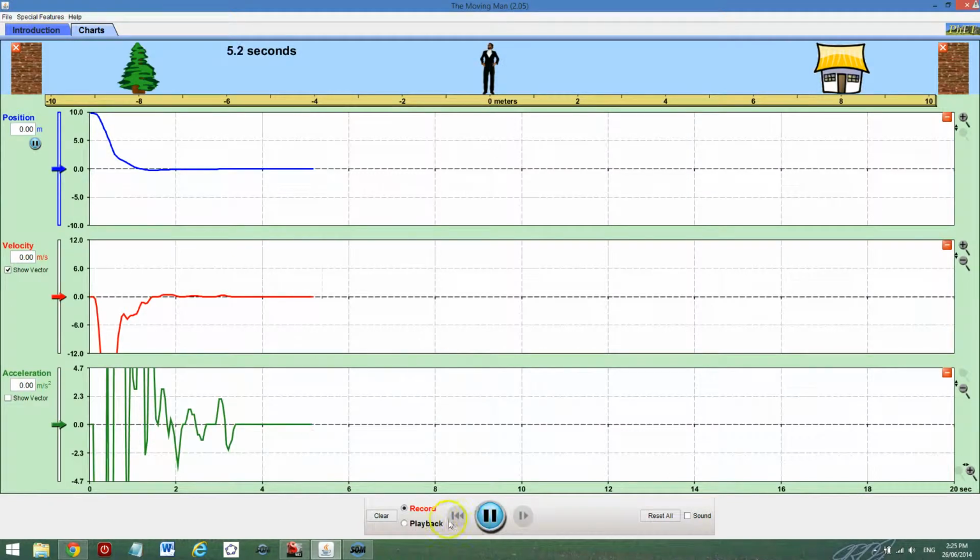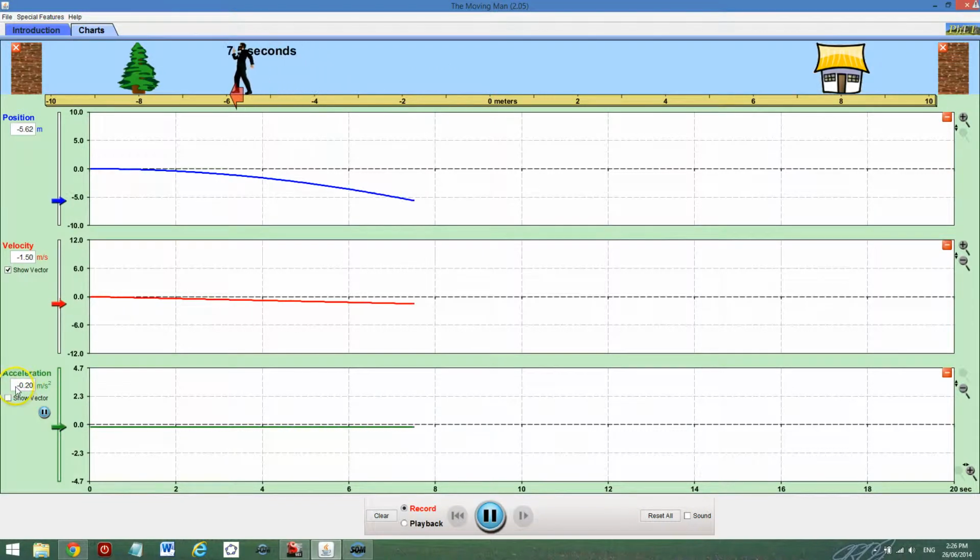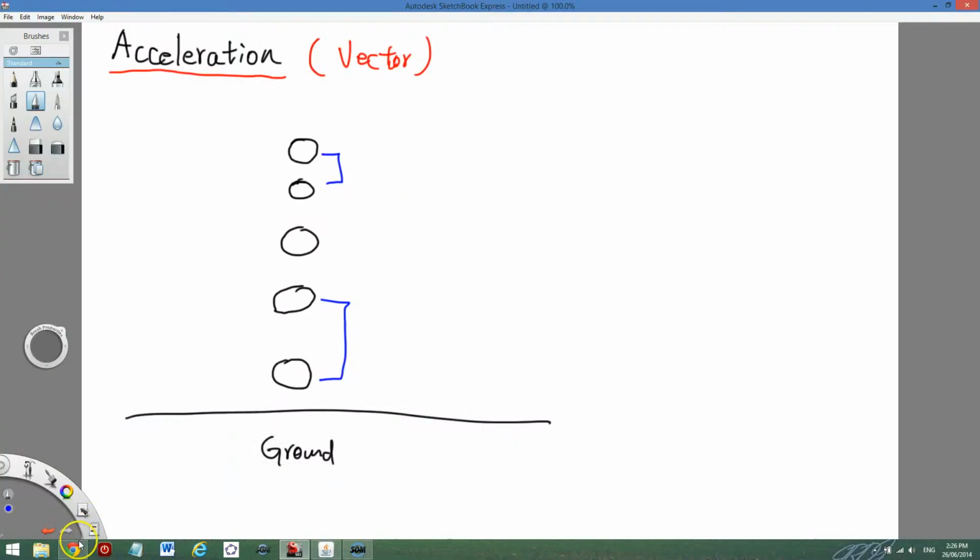Guess what happens if I give him a minus acceleration, say minus 0.2. He would move backwards, because acceleration is a vector quantity. If I write a minus number, he would move backwards.